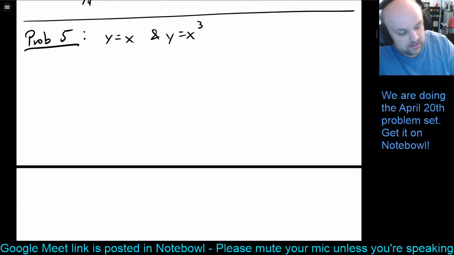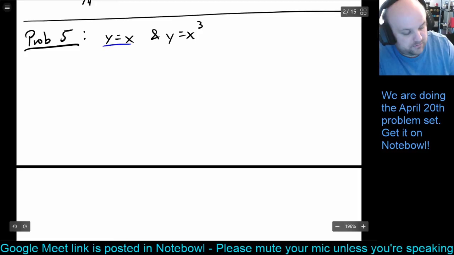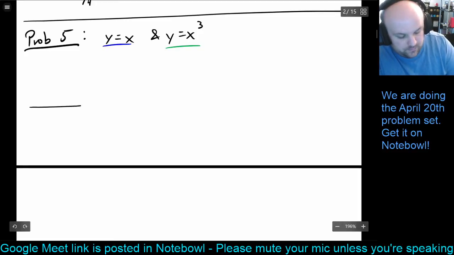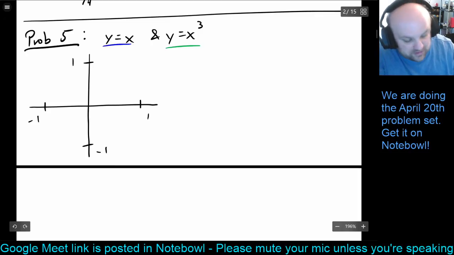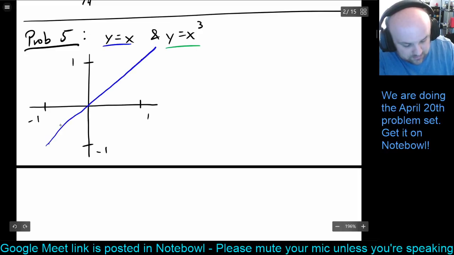So I'm going to graph this one in blue, this one in green. Let's put 1, 1, 1. These are 1. So what does this graph look like? Something like this.